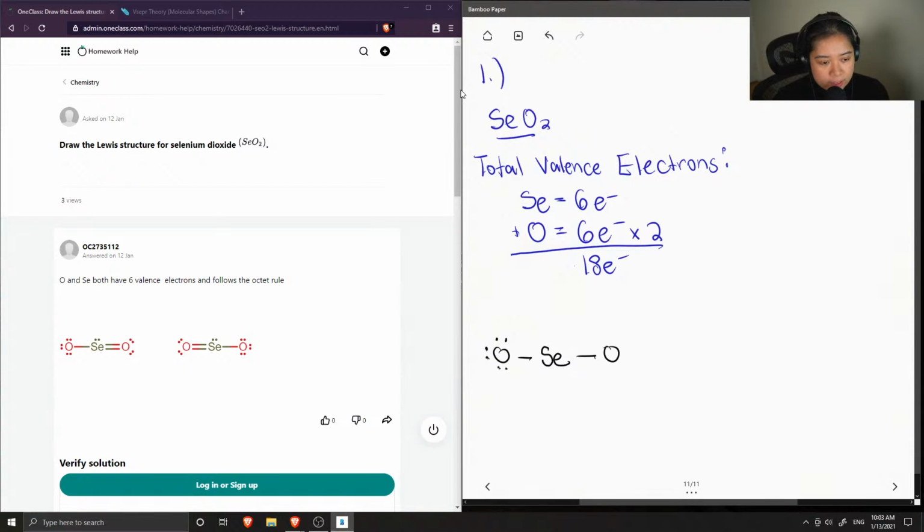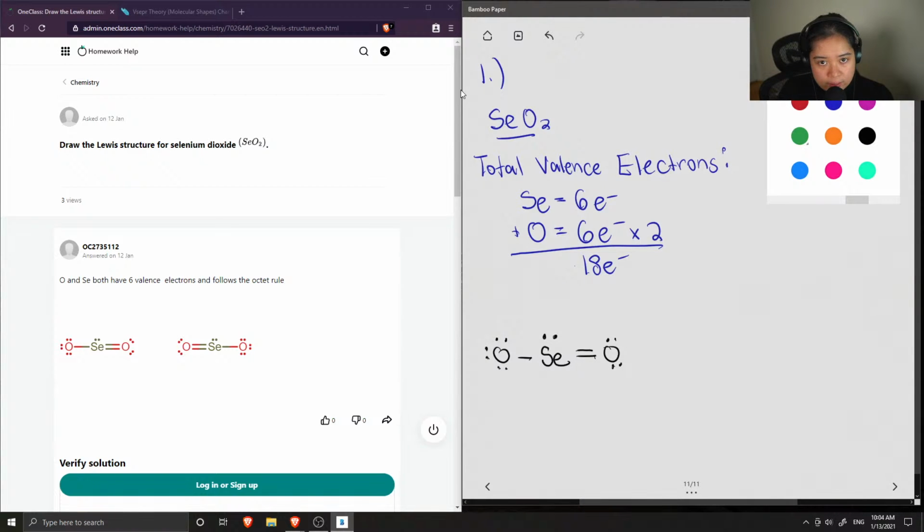Notice that selenium doesn't have a full octet yet, so I'm going to make a double bond with my second oxygen, and count out how many electrons I have so far. I have 16 electrons out of the 18, so for the last 2, I'm going to put them on my selenium atom.